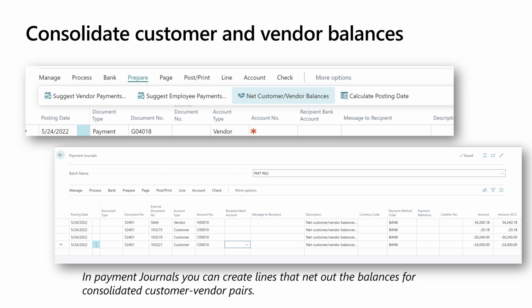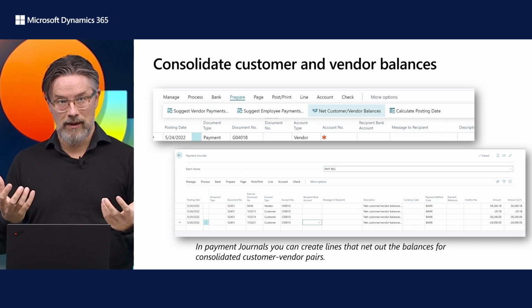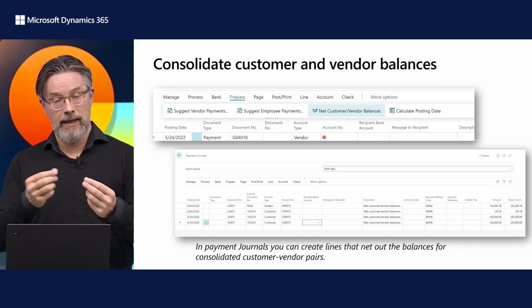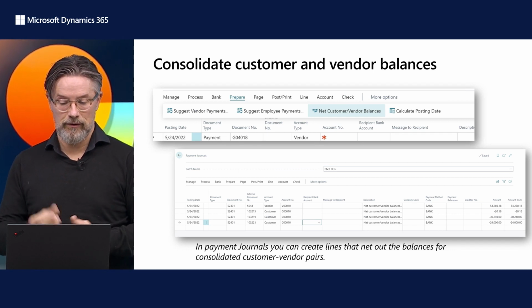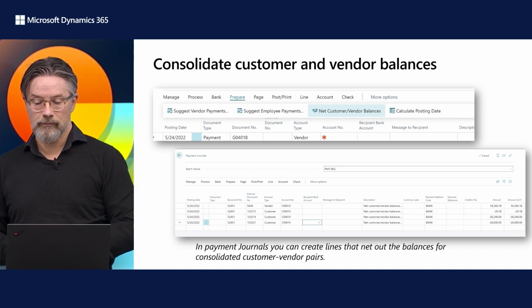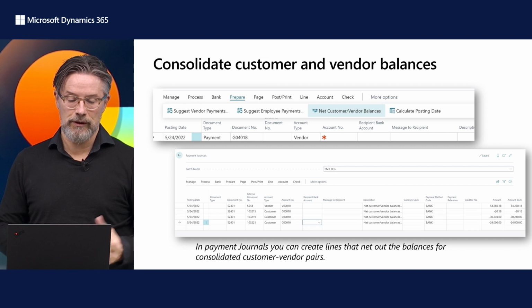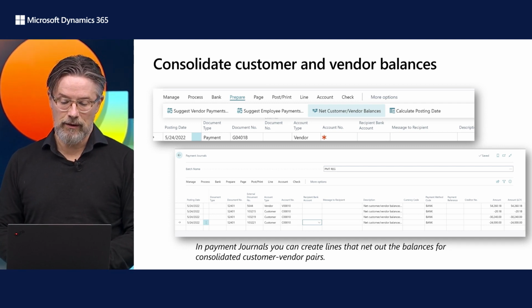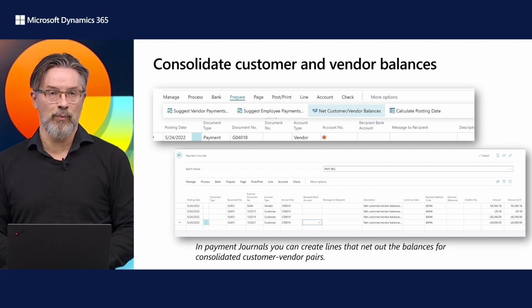It creates the lines for you. It will look up the different balances and create the net entries that will net out these balances per currency, so you don't accidentally try to mix currencies. And it will create a payment journal for you.